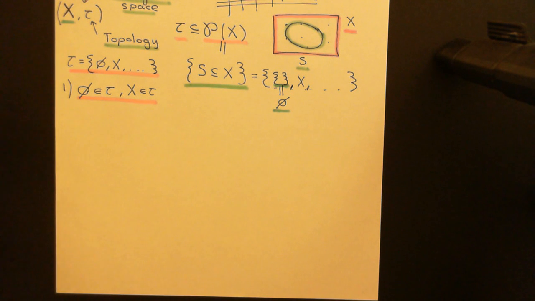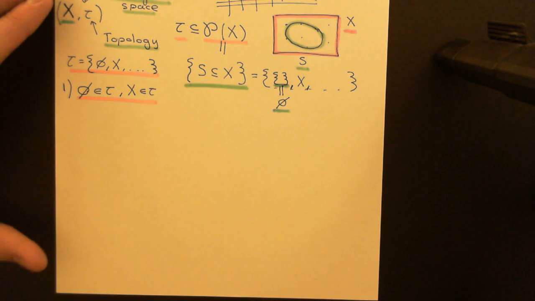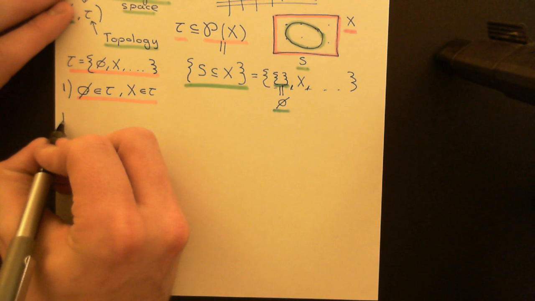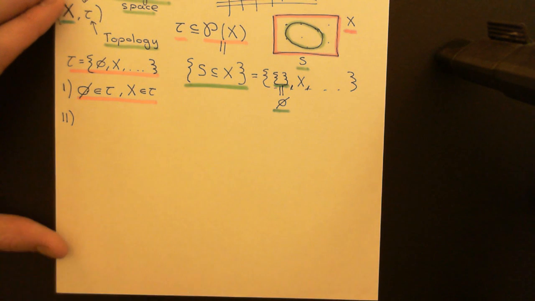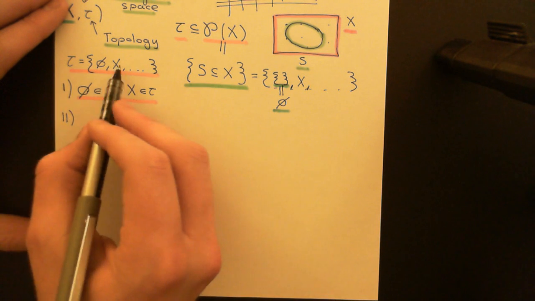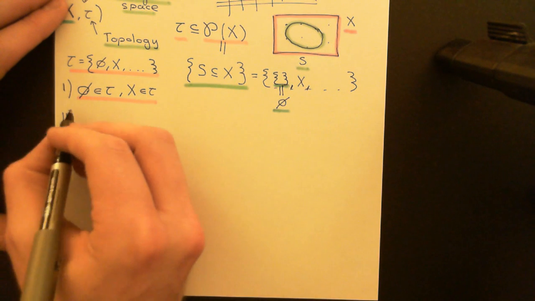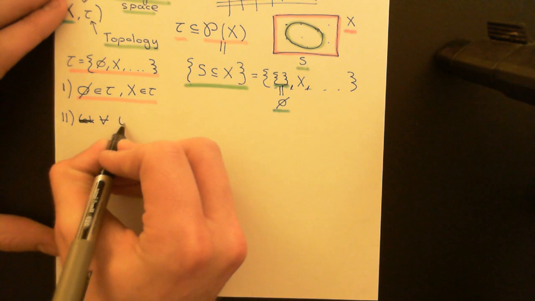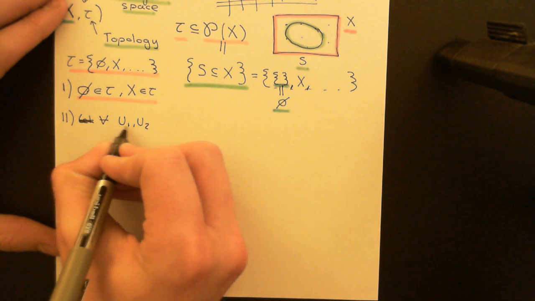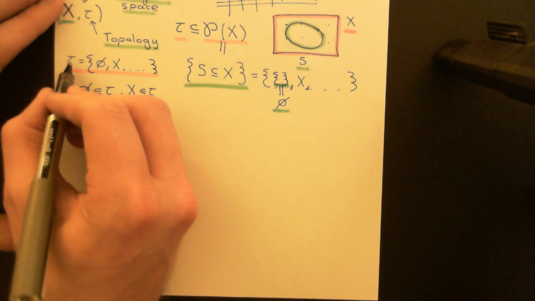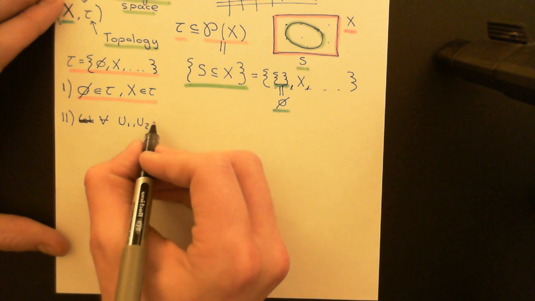So those are always in the topology. Now axioms number 2 and 3 are slightly more complicated than that first one, but they're still not that complicated. So axiom number 2 says if we have two subsets of the set capital X which are in our topology tau, so for all U1 and U2, and people generally denote subsets of the set capital X that are included in the topology by U, for historical reasons.